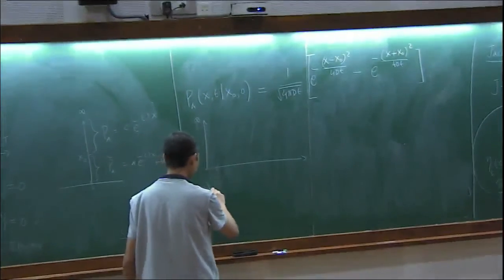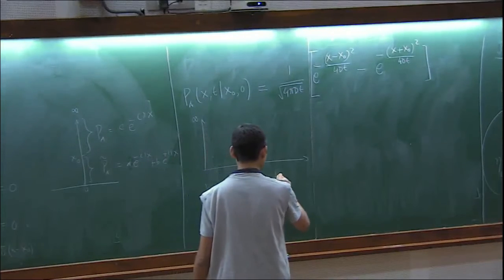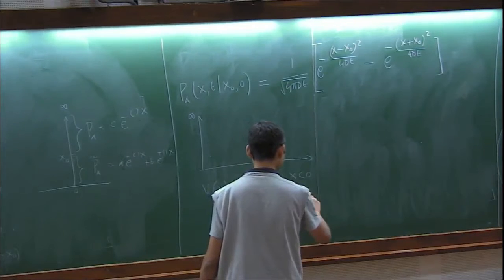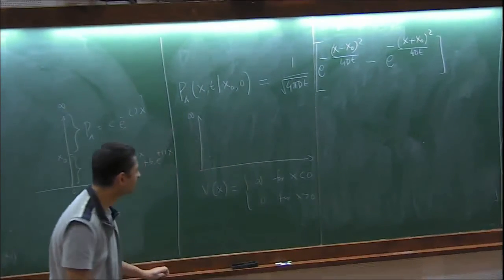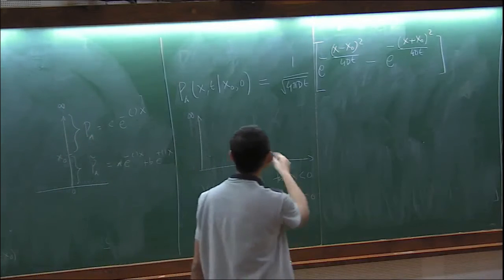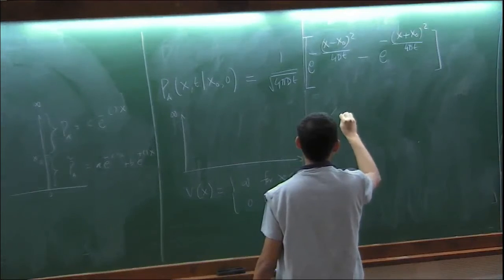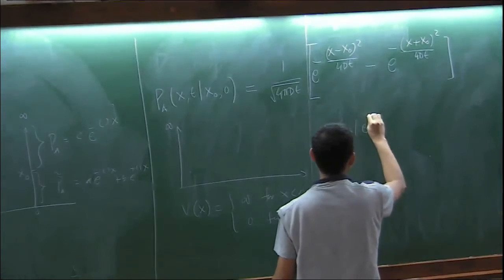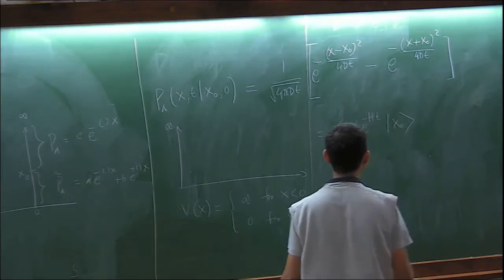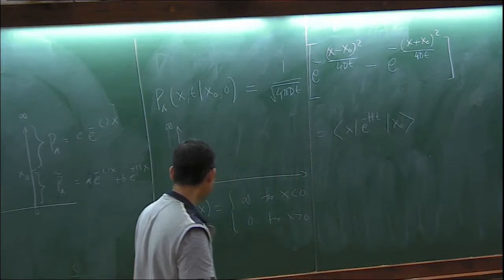Your quantum problem is infinity for x less than 0, 0 for x greater than 0, and a free particle. So this guy is just x e to the power minus Ht x0, where H is given by the kinetic energy plus the potential term, which is this one.